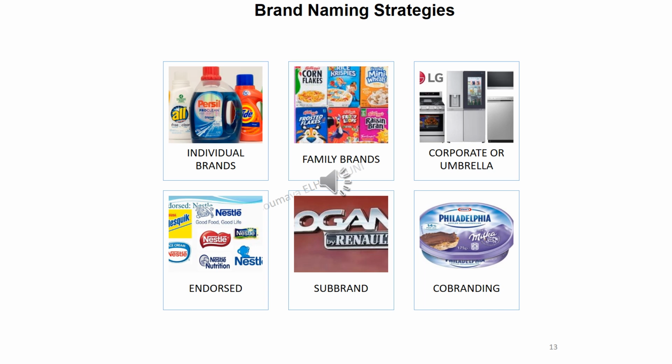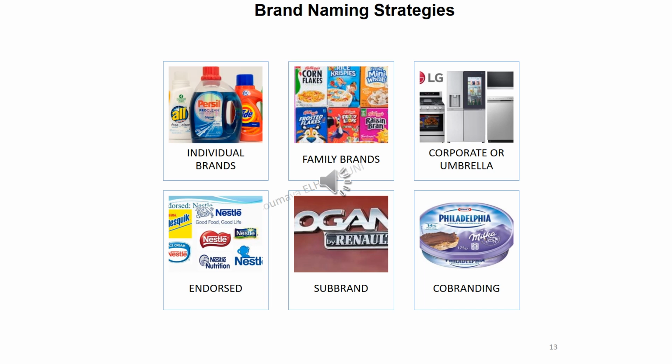The second one is what we call the family brands. So the family brands are where all the products share the same brand name, but also have their own names. The best example I can think of is Kellogg's. Kellogg's is the brand of the cornflakes, so you have a lot of brands that are included in Kellogg's.